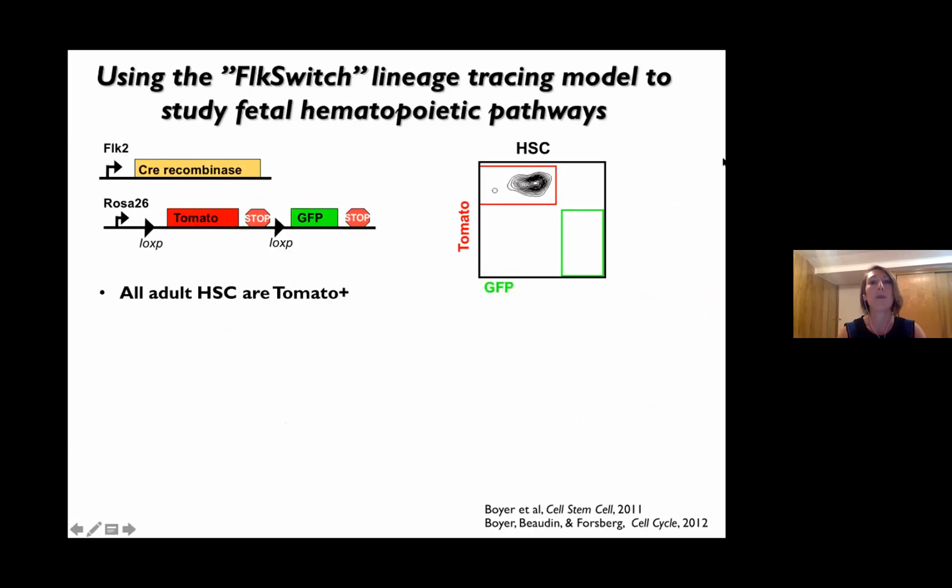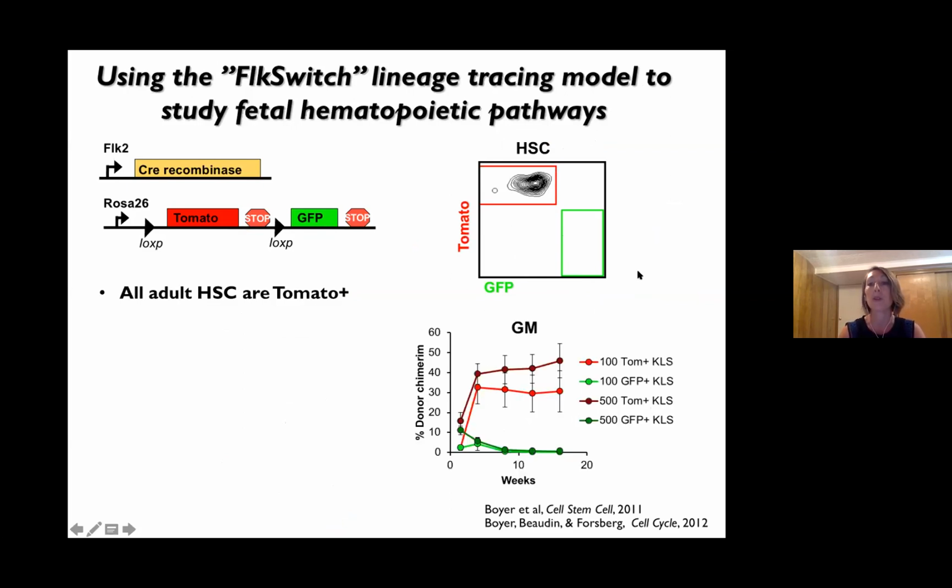When I started this work, we had shown, surprisingly, that all adult HSCs express tomato. We showed this both by phenotypic examination of the adult HSC compartment, but also functionally by transplantation, showing that only the red cells were capable of long-term multilineage reconstitution. This is very surprising since FLIC2, which is also known as FLT3, regulates so many different hematopoietic processes.